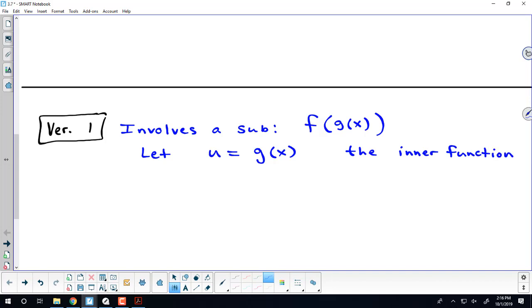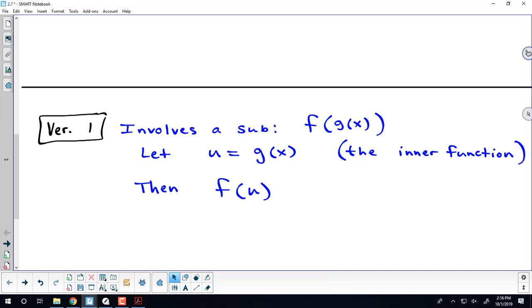So if we allow u to be g of x, the inner function, then you're dealing with f of u, a function of u.